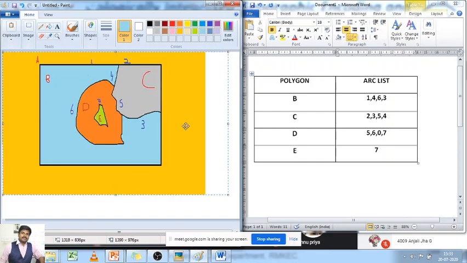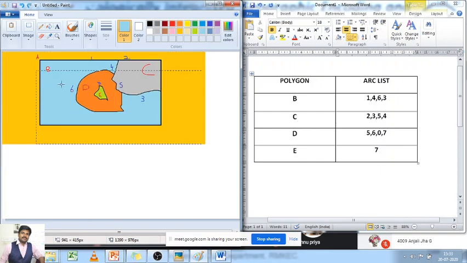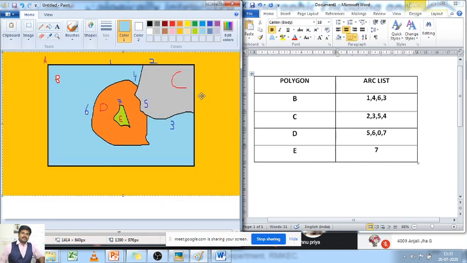So this is the area, and first we are going for B. I'll tell you what the answer is. Here the area B is covered by areas 1 over here, 4 over here, 6 over here, and 3 over here. The same answer which we got for the previous example. So the right answer for B is 1463.